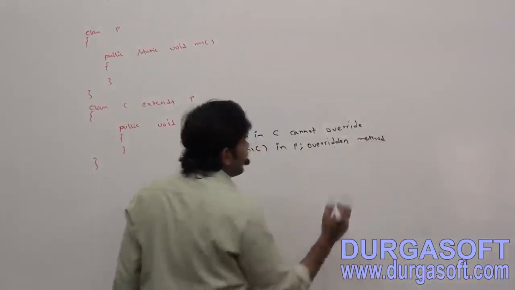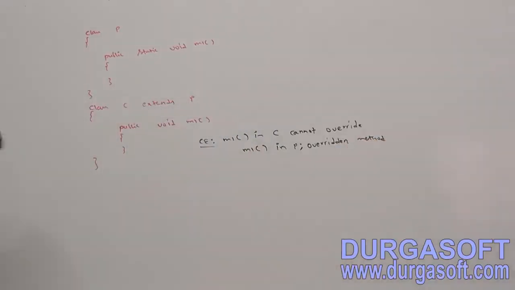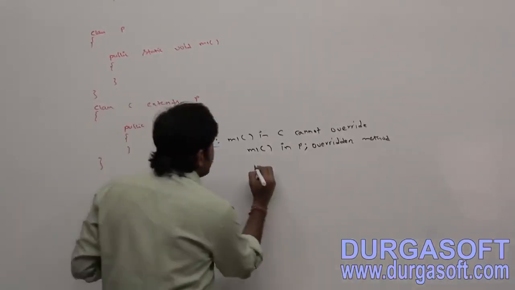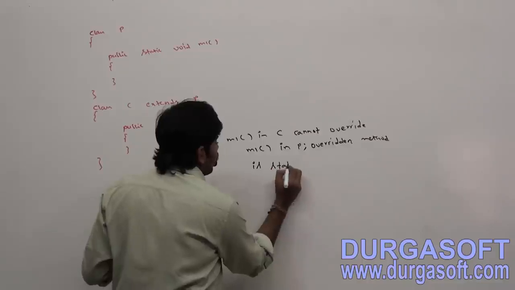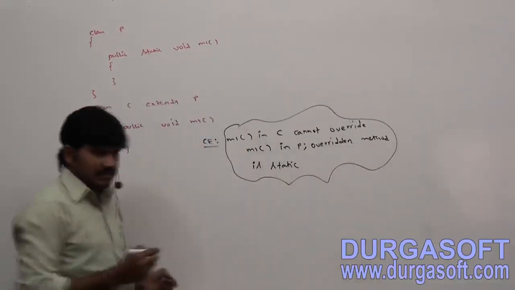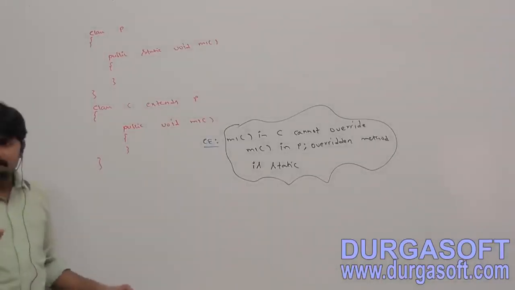The overridden method is static. That's why I can't override like this.